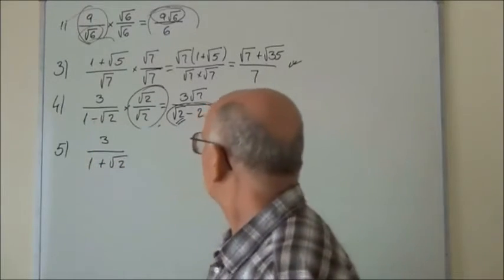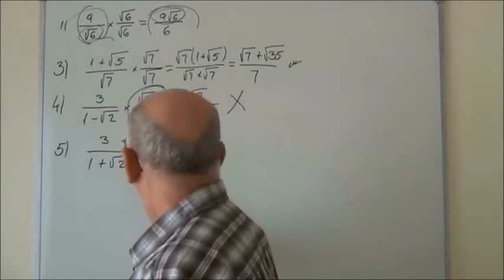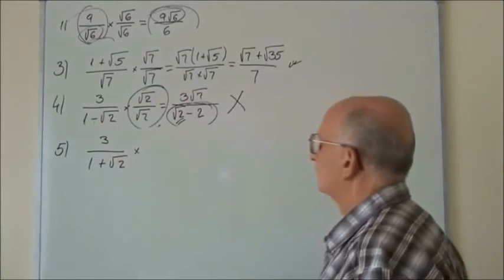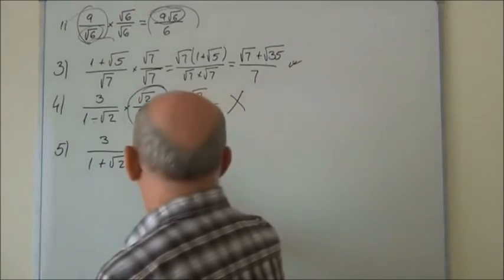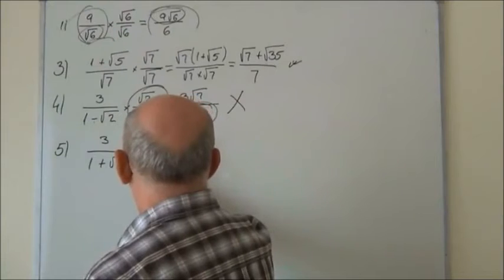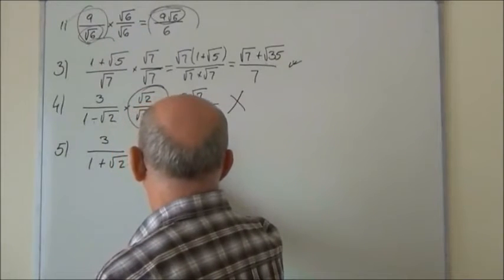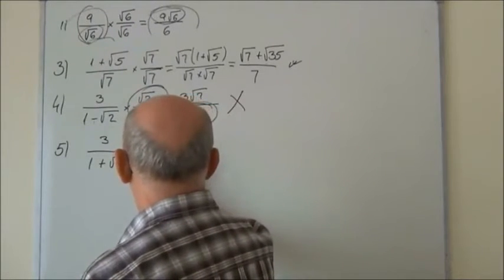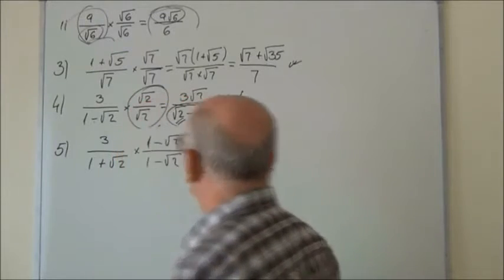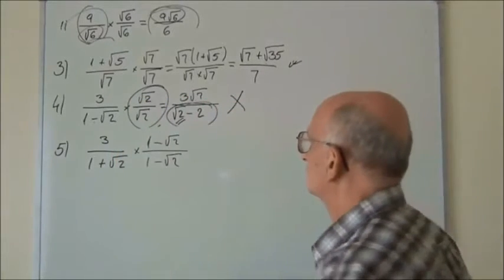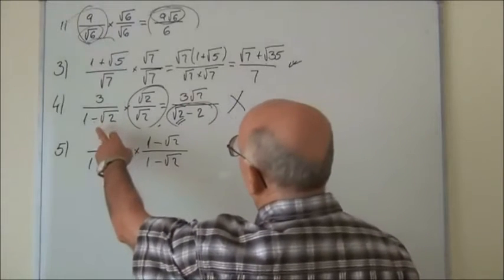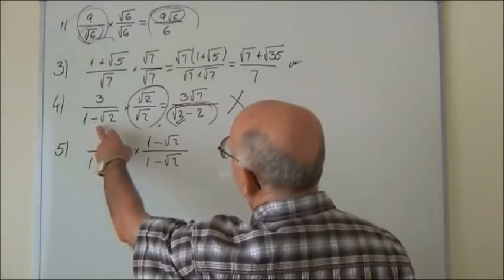Here we had minus, here we had plus. But what we discussed when we were solving question 4, now we have to multiply by 1 minus root 2.